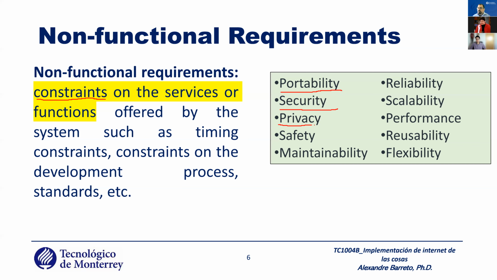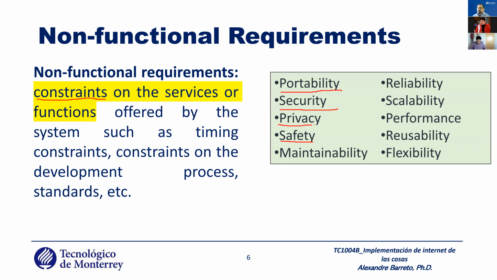The system cannot store the username or any information that characterizes the user in the database. Or, before your system stores the information in the database, the system needs to ask the user whether he authorizes or does not authorize saving the information in the database. Okay, it's a privacy requirement.